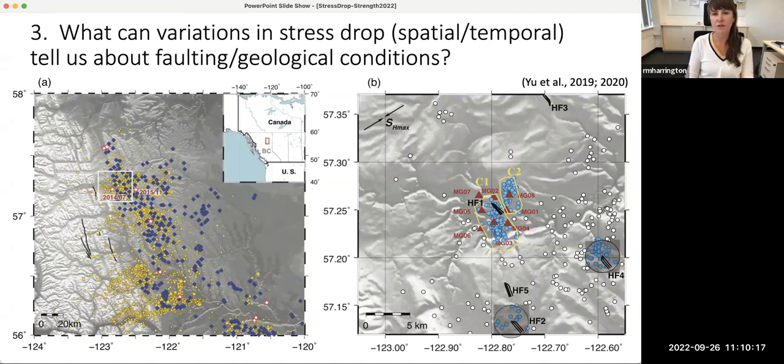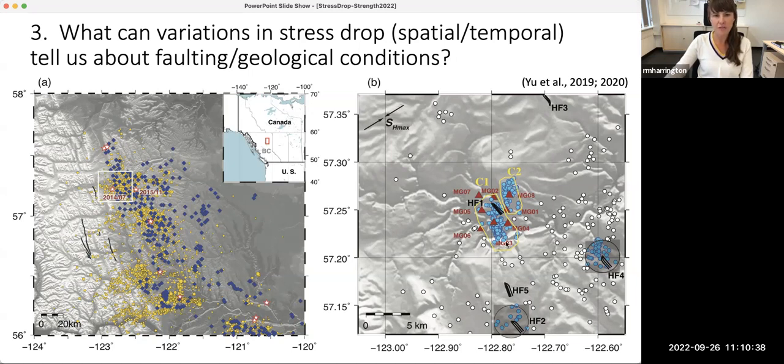before and after a hydraulic fracturing treatment took place, just to examine the seismicity and the characteristics of the source properties of the earthquakes that were associated with this hydraulic fracturing treatment. So we recorded all of the events that you see with colored dots here.